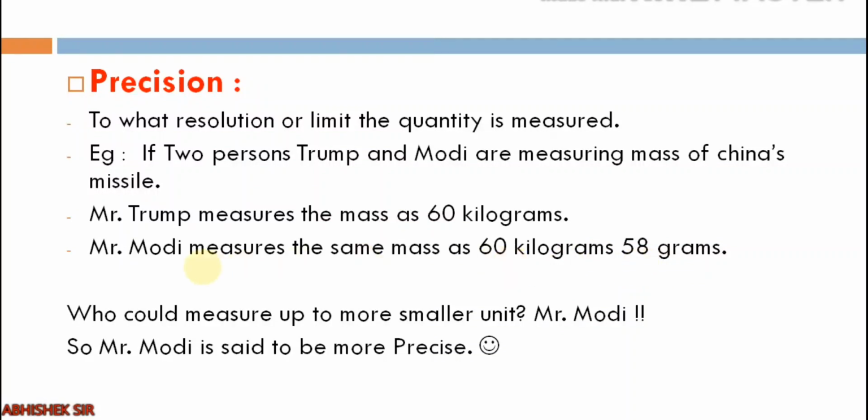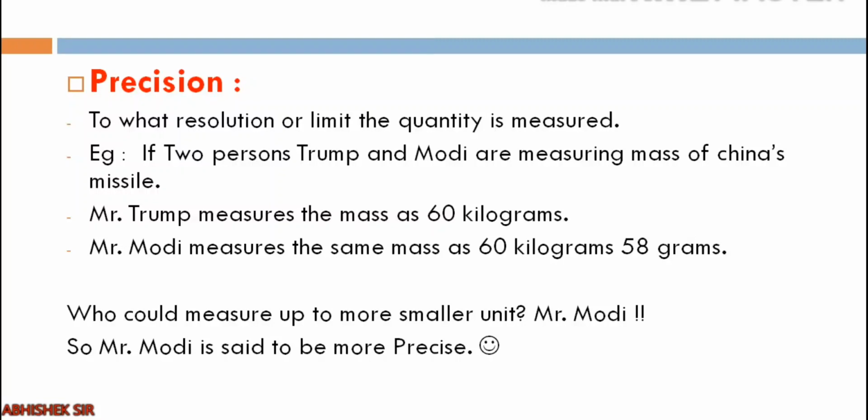Now see, Mr. Trump can measure only in kilograms, but Mr. Modi can measure in kilograms as well as grams. So who could measure up to a smaller unit? We know the answer, Mr. Modi. That means Mr. Modi is more precise.